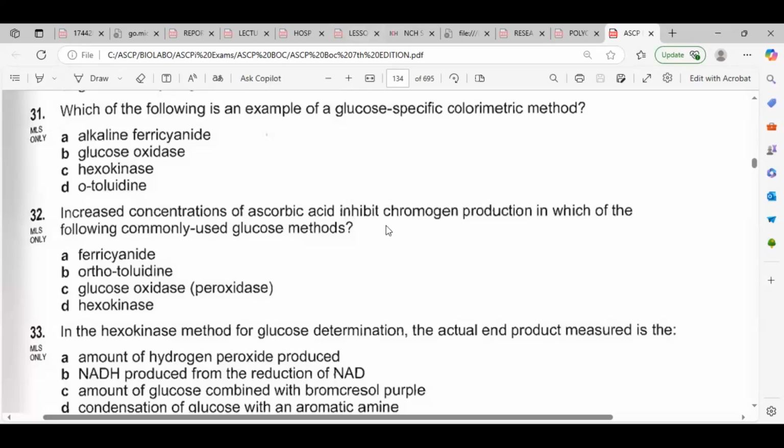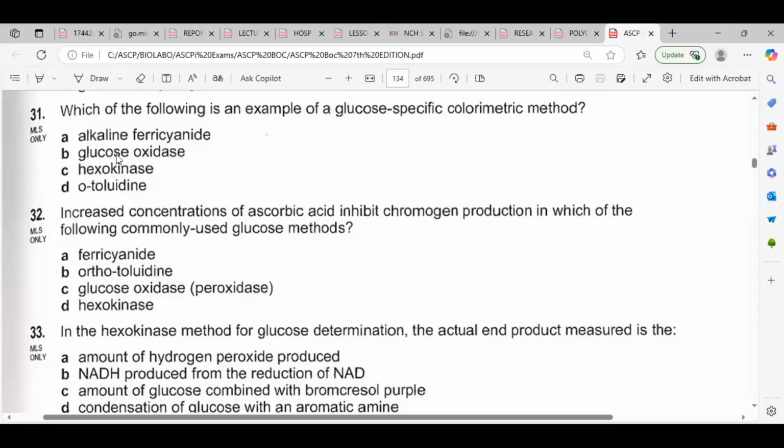What I remember is that in glucose oxidase, one of the interfering substances we have is ascorbic acid. So I would choose glucose oxidase. We have already answered this question before, because we have been talking about the chromogen in oxidase.